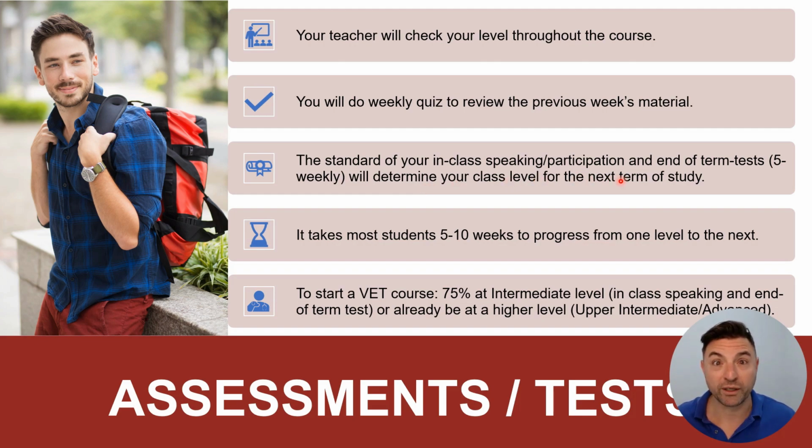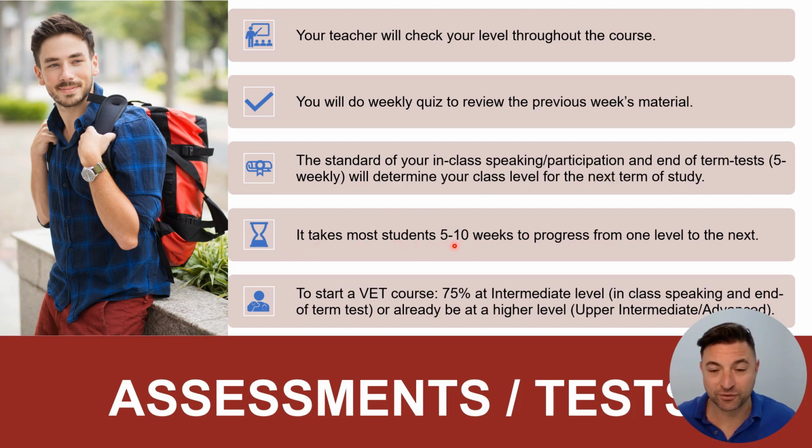So if you do really well on your test at the end of the 5-week term, you might be promoted to a higher level. If you don't do that well, and perhaps your teacher thinks you need some more time at that level, you might spend another term or another 5 weeks at that level. It usually helps to spend about 10 weeks at the same level so that you can really improve and move up to the next level.